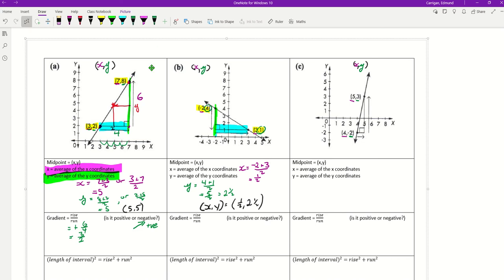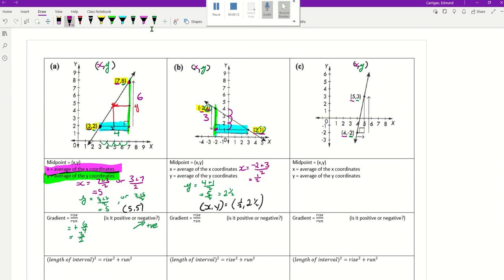Looking at my next one, I'm going to do the same thing. In the first instance, I'm just looking for what the difference is in those values. So with my y, I'm going from this point, which is 1, up to this point 4. It is 3. 1, 2, 3 is that value.